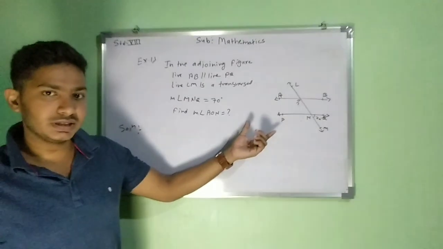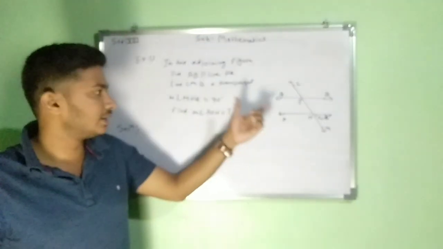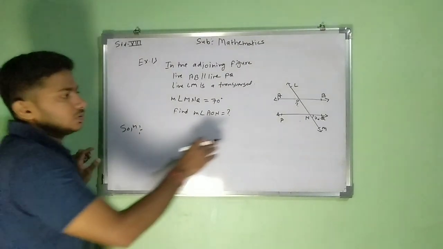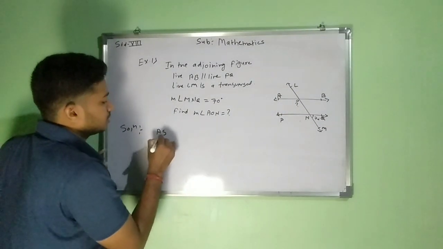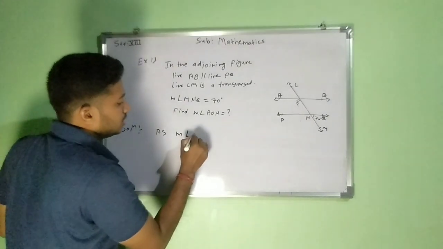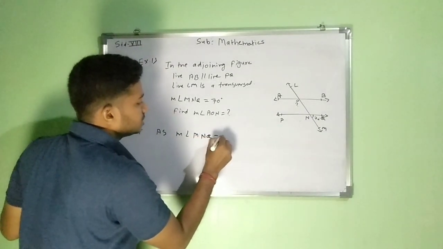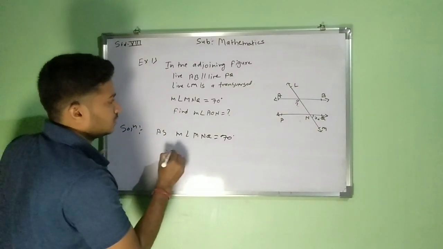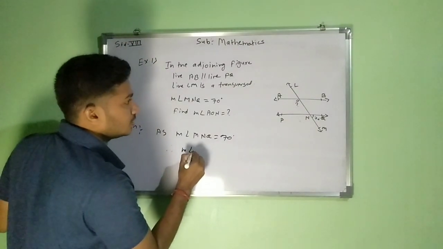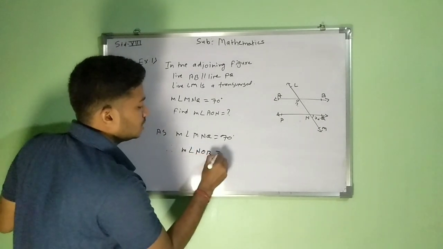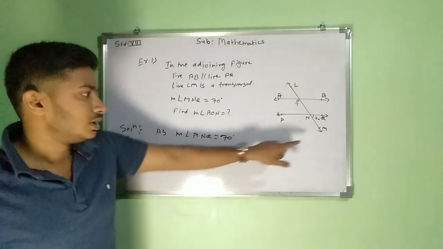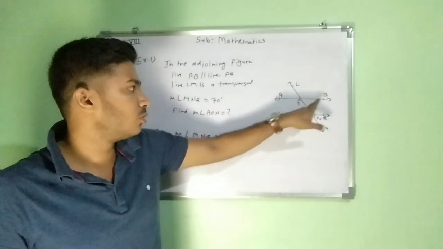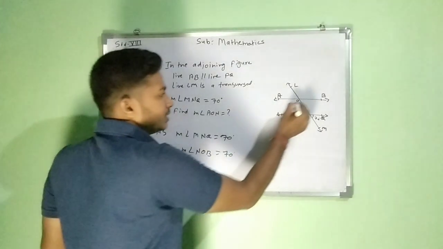Now whatever properties we have seen of the angles of parallel lines, we will use all those properties. Look here, as measurement of angle MNQ is equal to 70 degrees, therefore measurement of angle NOB is also 70 degrees.